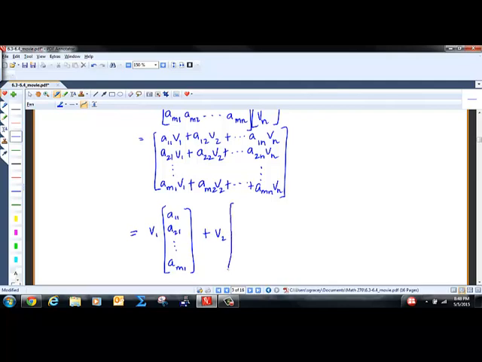V2 times A12, A22, all the way down to AM2. And then continuing, we would have Vn times A1n, A2n, all the way down to AMN.